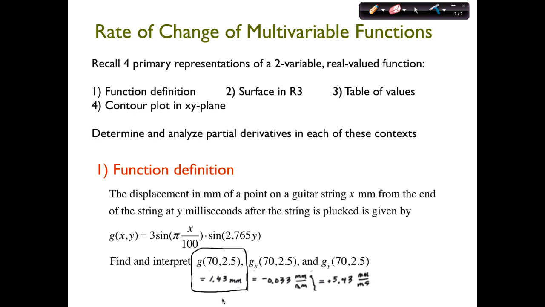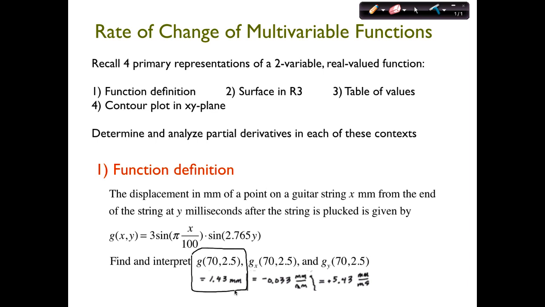So, would that be 70 millimeters from the end of the string, and at 2.5 milliseconds, the displacement is 1.43 millimeters?